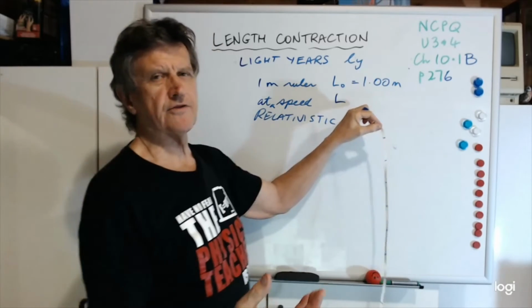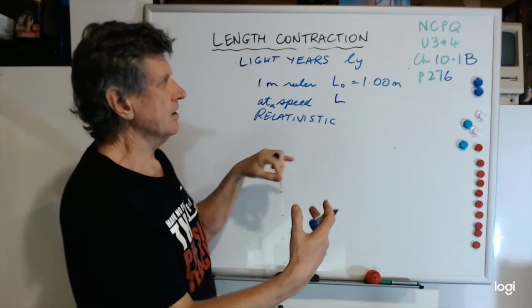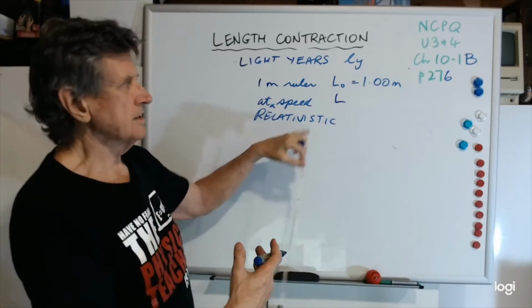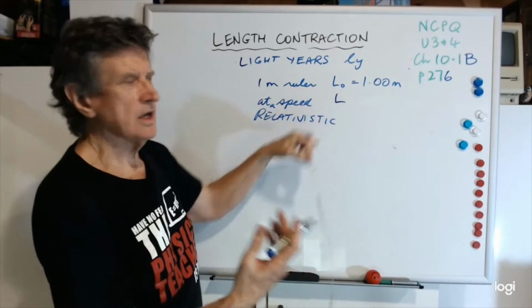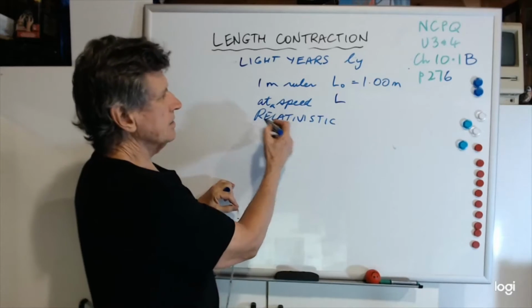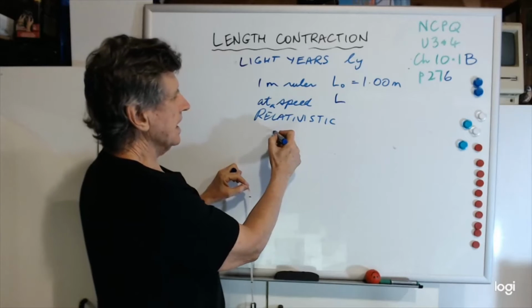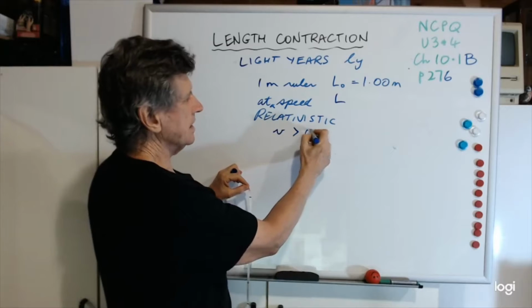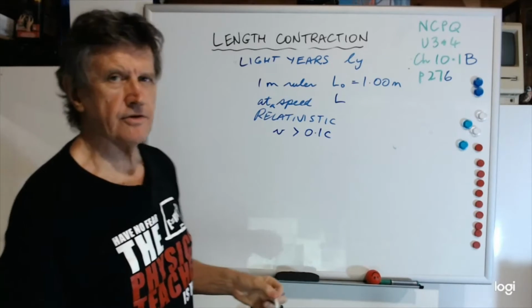Now you could confirm that for yourself, and I've done that in the textbook. I've shown you how as the velocity increases, this ratio changes and it becomes noticeable around about 0.1 c. So I've said in the book that relativistic speeds are when v is greater than, say, 0.1 c, and that's something pretty safe you can use.